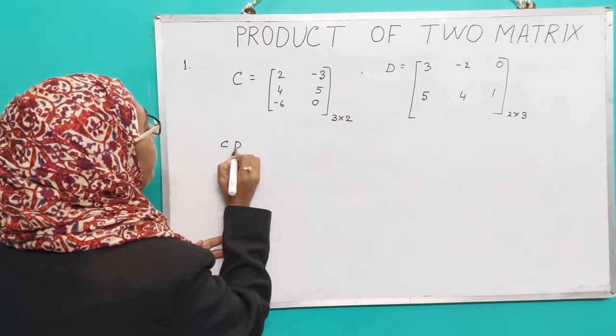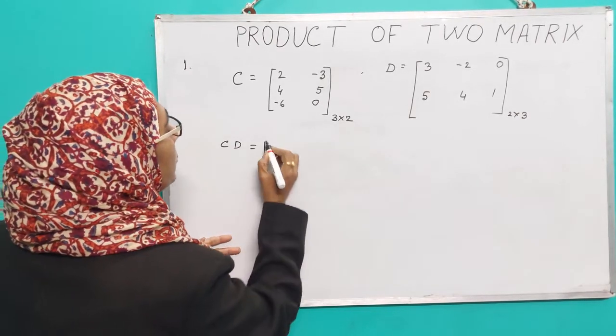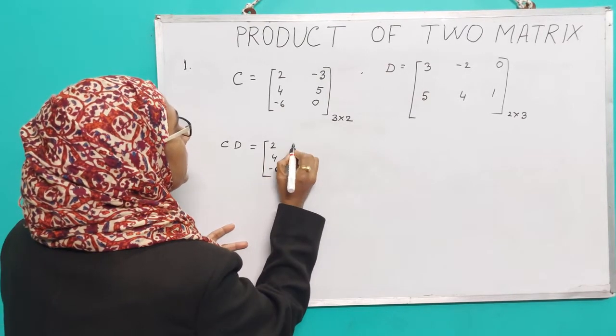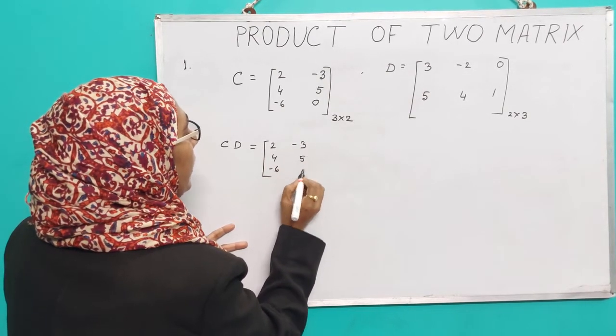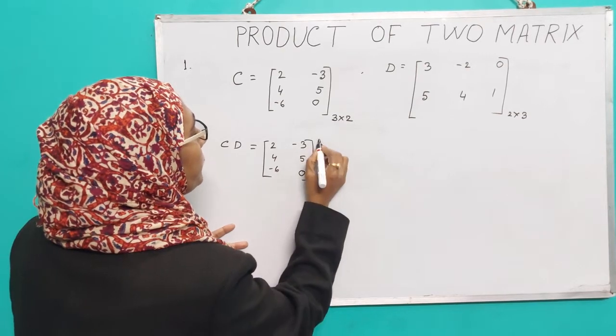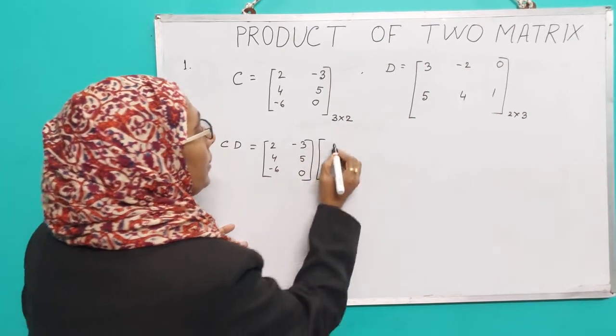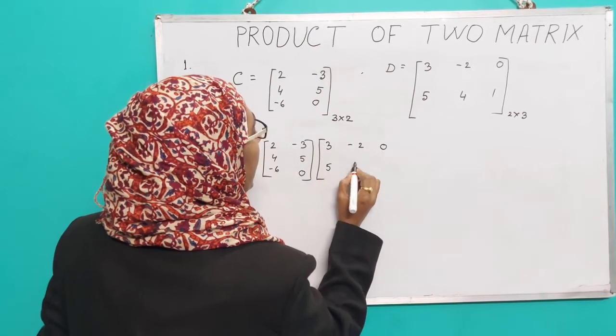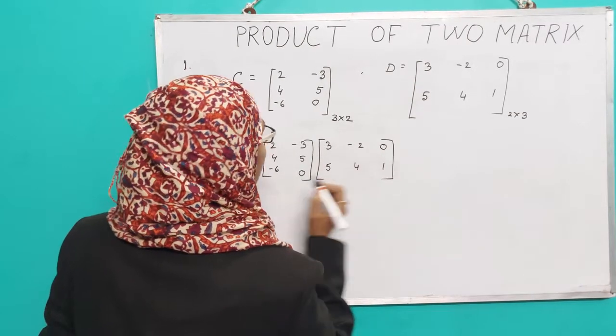Then CD is equal to [2, -3; 4, 5; -6, 0] times [3, -2, 0; 5, 4, 1].